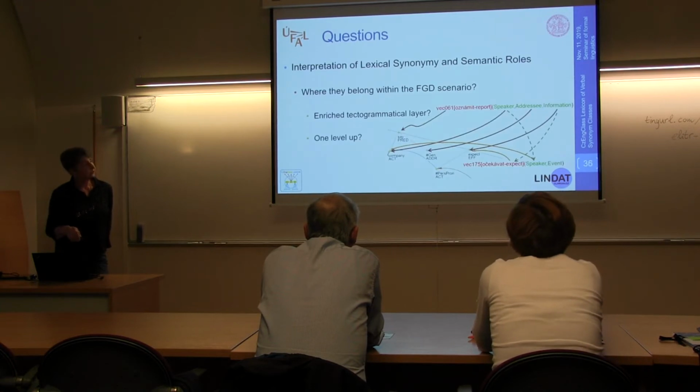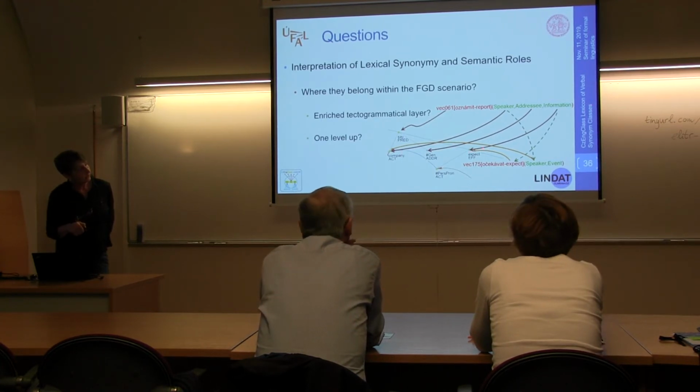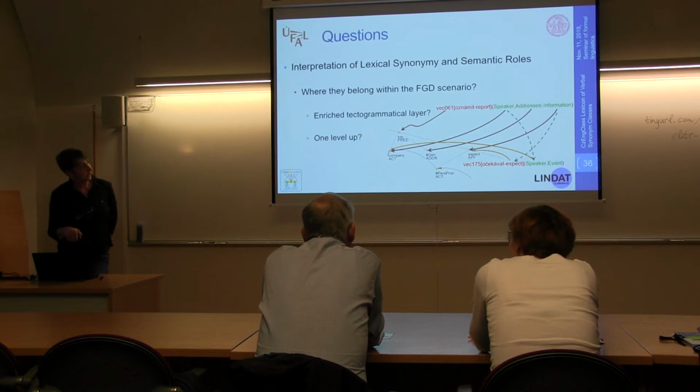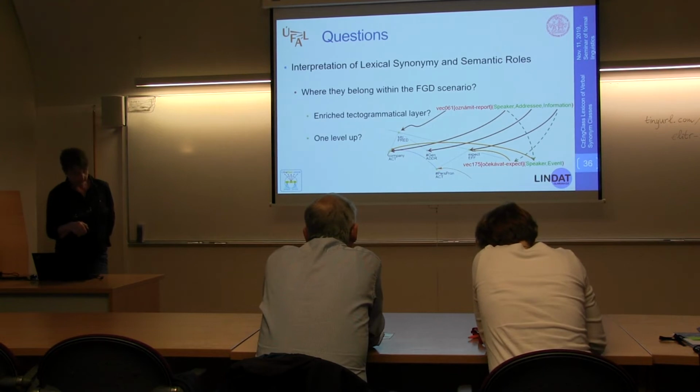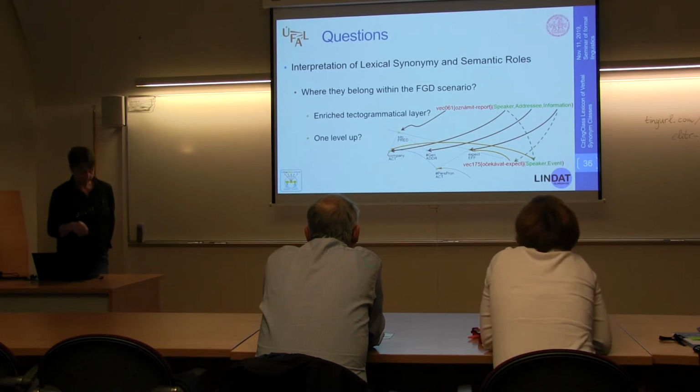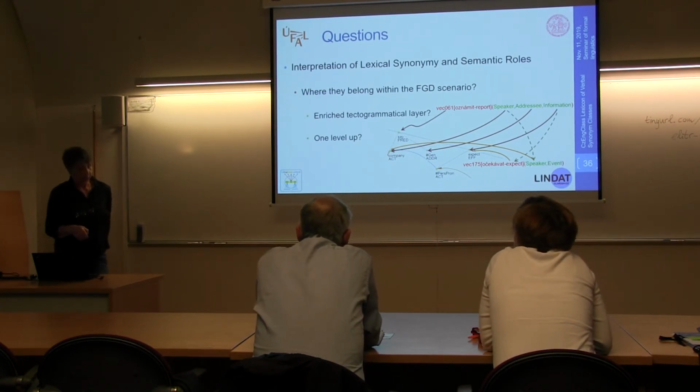Or we can go one level up and have something like a layer of synonym classes, and those would be interconnected with the text-grammatical layer. Maybe the term event type would be the right one, or something else. They would be connected to the verbs at the text-grammatical layer, and the semantic roles would be connected to the valency arguments. So this is still an open issue for us.